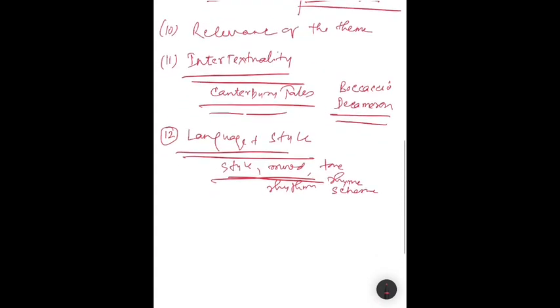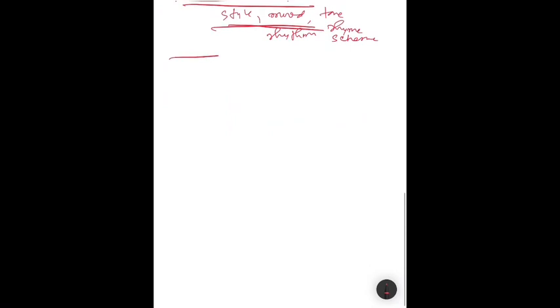Tone or the mood you can write in the beginning also. Like, for example, when you are going to interpret the lines, the point which I have told you here.